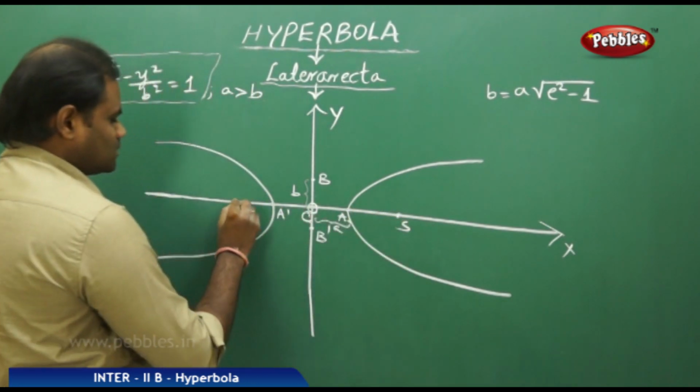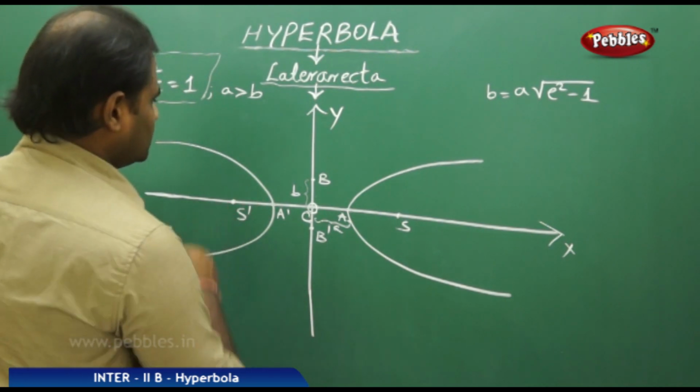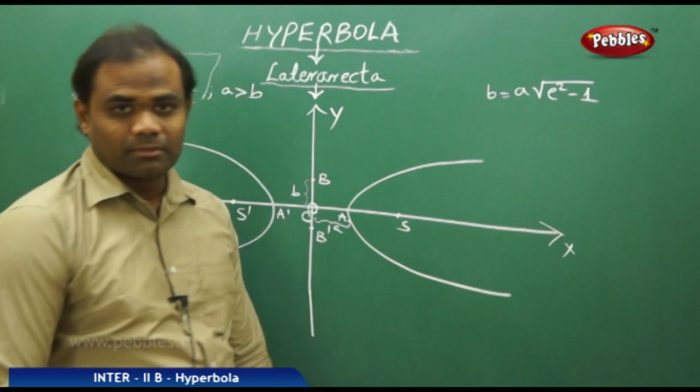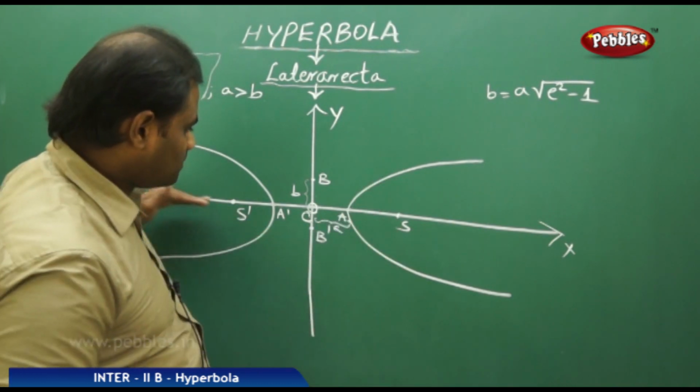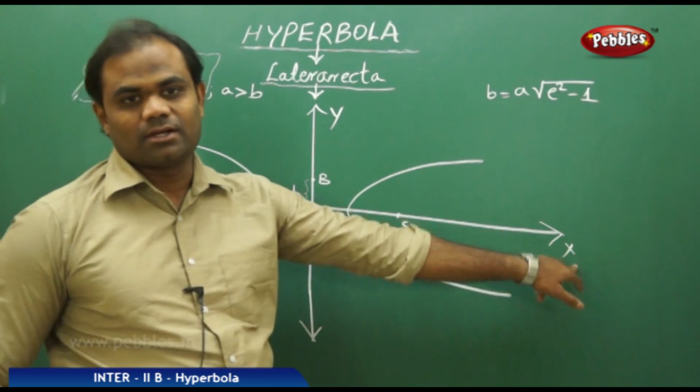Now here, we know that the foci are S and S dash. So a latus rectum is a chord which passes through the focus and is perpendicular to the transverse axis, that is the x-axis here.